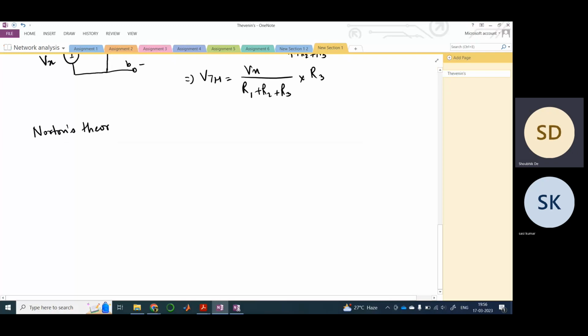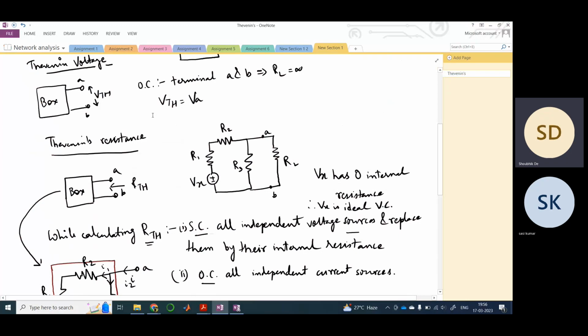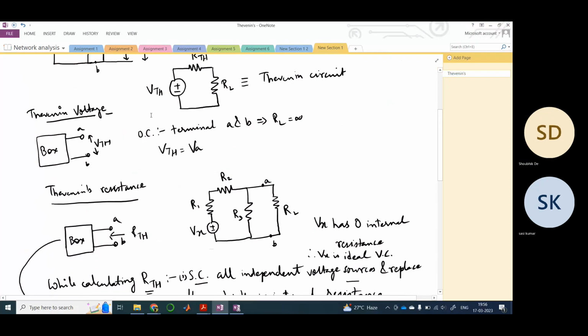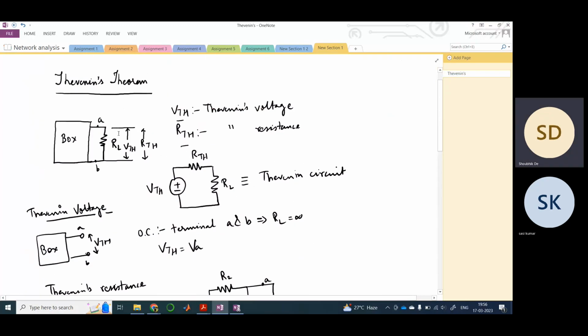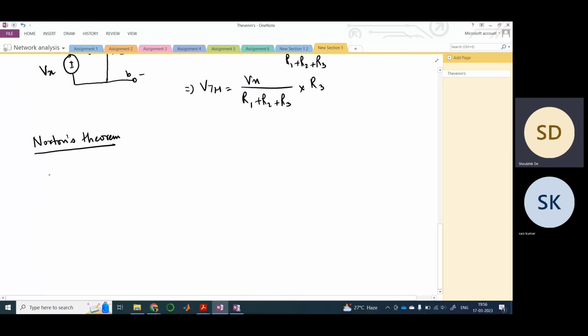these are the two most popular theorems in circuit theory, right? So let's say we are taking this circuit only, this box, which is connected to one resistance, RL.